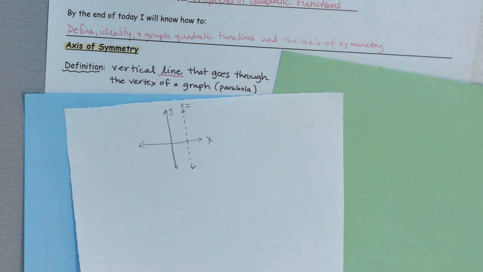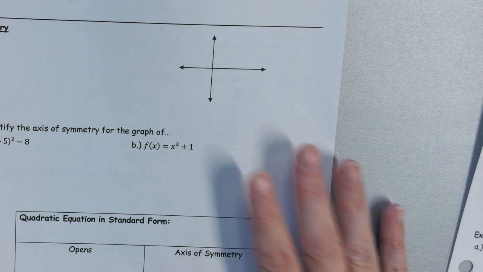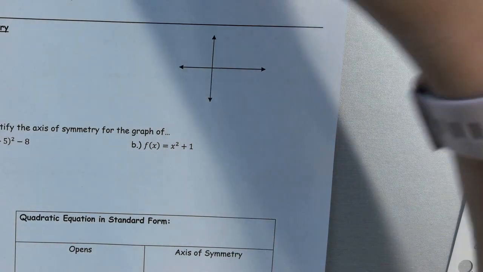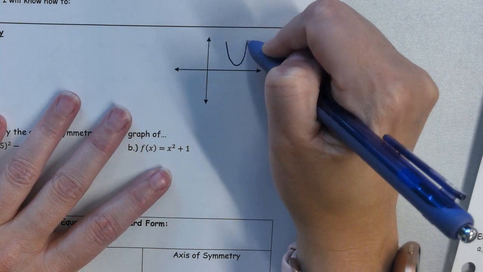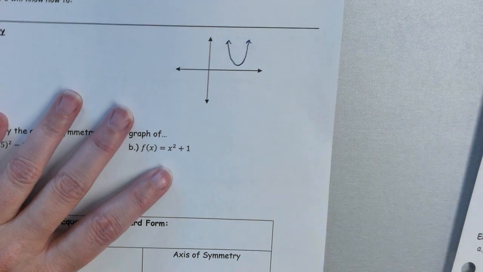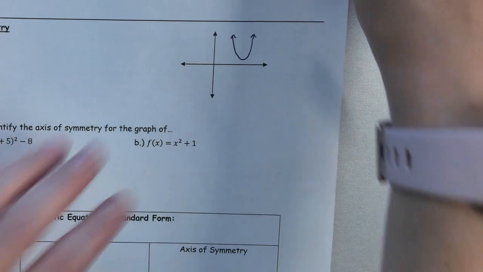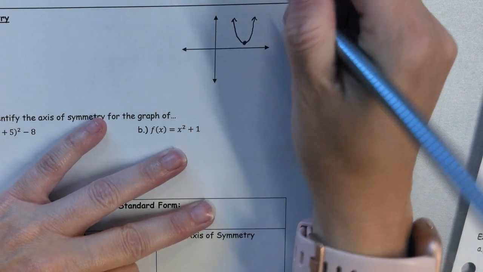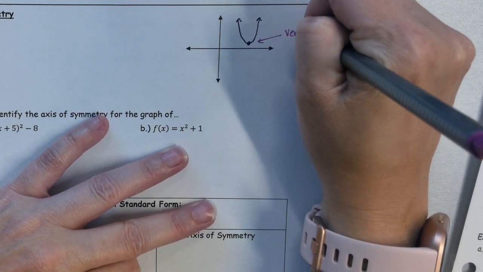Alright, so we're going to draw this together. We're going to draw a parabola. And then we have this special point at the center of our parabola called the vertex. Do you guys remember what variables we used for the vertex yesterday?